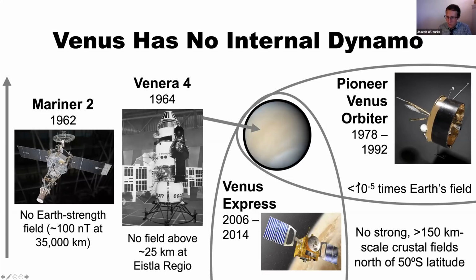And there was one orbiter that went at a different orbit at Venus. It reached its lowest altitude over the northern hemisphere, and it didn't find any crustal fields there. It was actually a little more magnetically dirty than Pioneer Venus orbiter was, so it didn't place any more stringent constraints on the global magnetization.